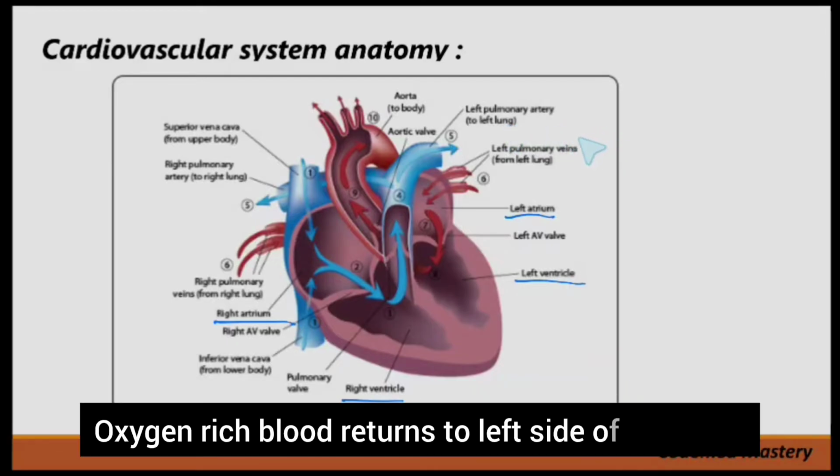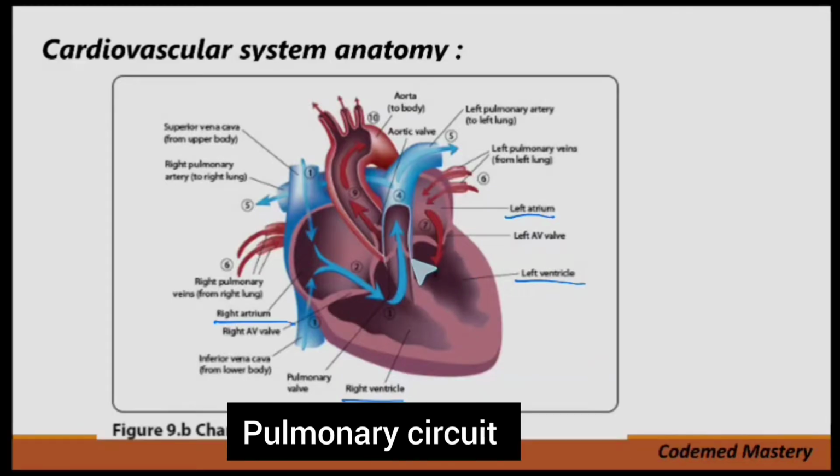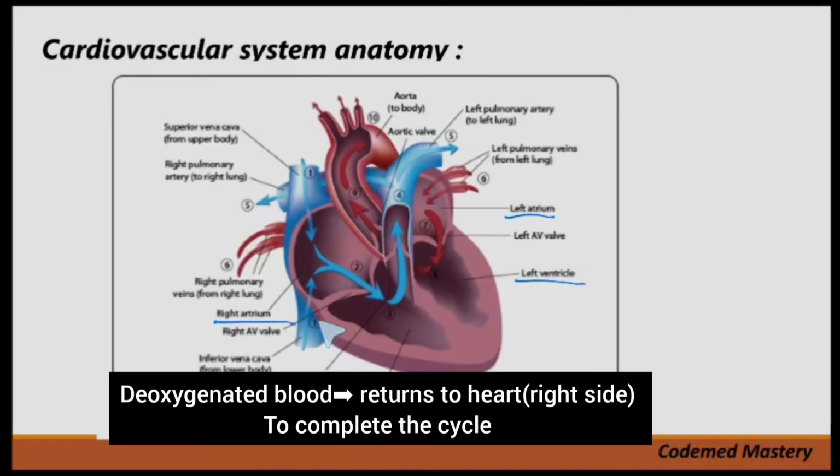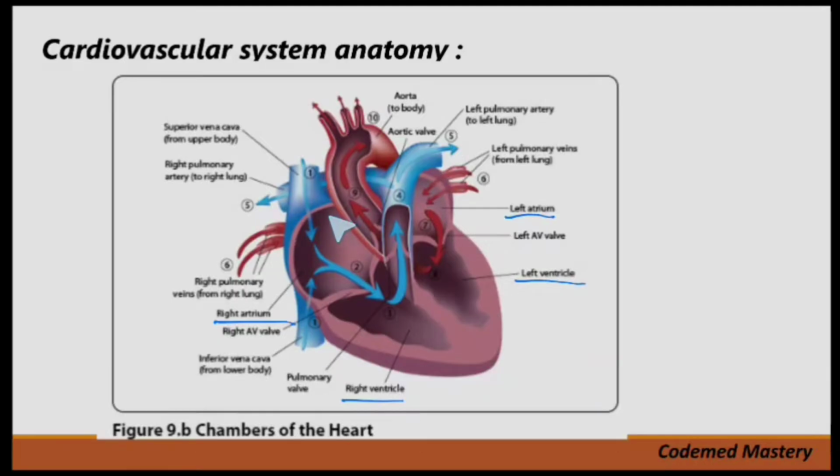So the oxygen-rich blood returns to the left side of the heart, and this part of the system is called pulmonary circuit. Now the left side of the heart pumps oxygen-rich blood to the body tissues where it unloads oxygen and picks up carbon dioxide. So the deoxygenated blood again returns to the heart to complete the cycle. This part is called as systemic circuit.